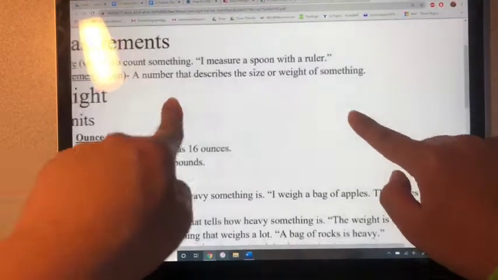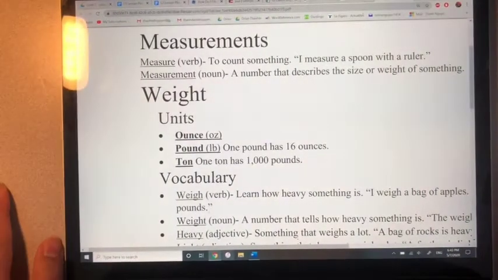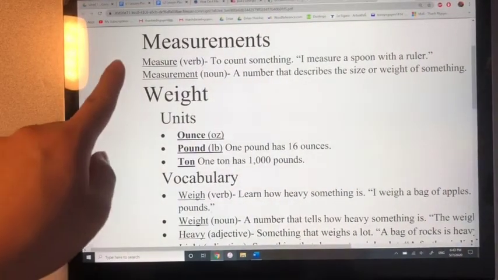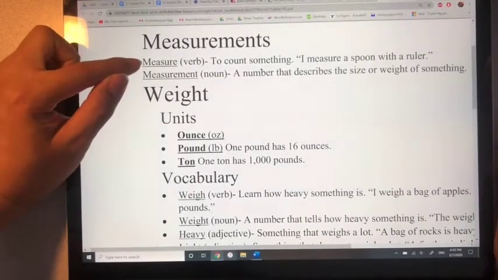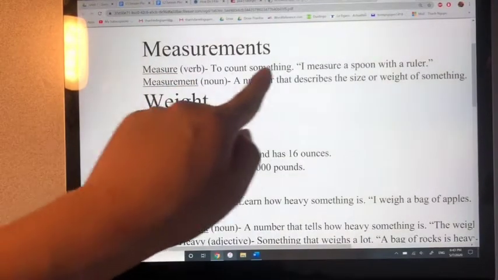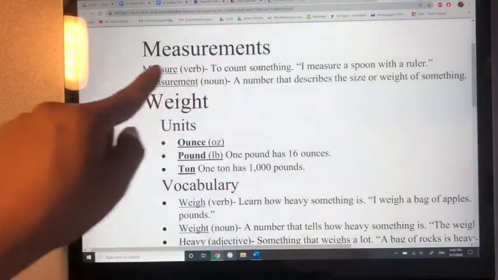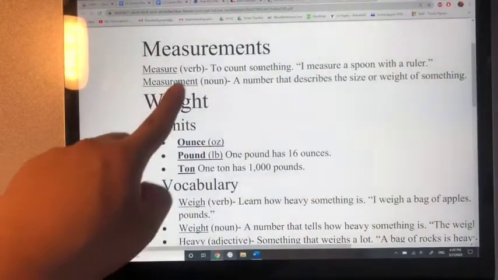Alrighty. So let's see. First, let's talk about measure and measurement. Measure is a verb. When we measure something, it's an action. So to count something is to measure something. So I measure a spoon with a ruler.